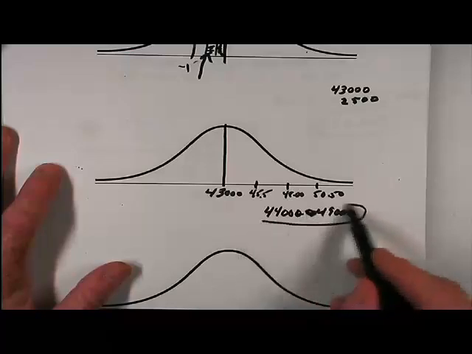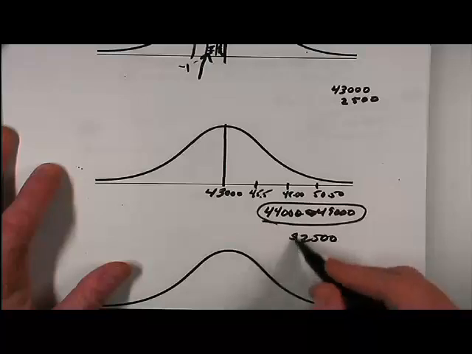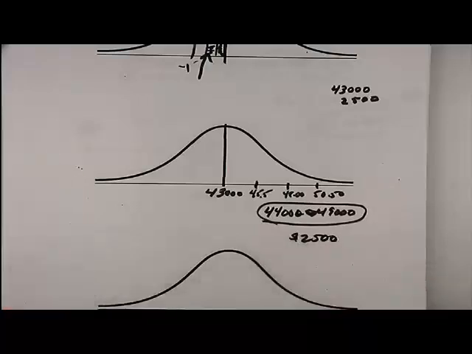And those people, I'm going to give a raise of $2,500, just say. So it's an incentive. So I want to know what's the proportion of people in the company that would qualify for this raise?